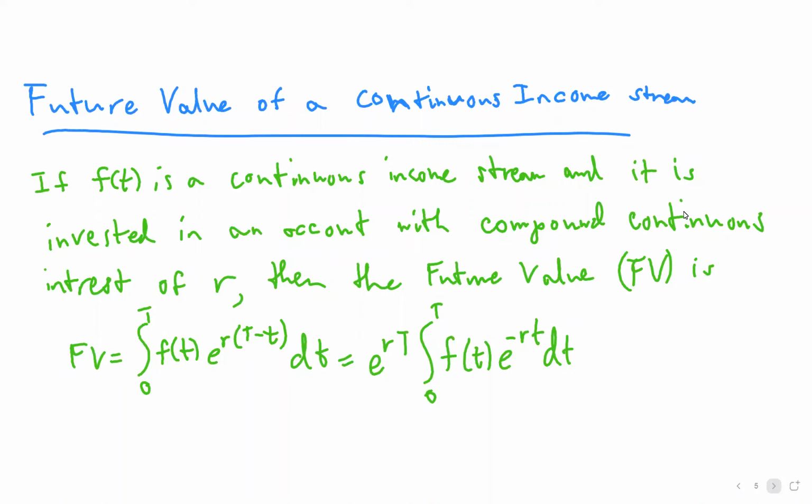And so that's another mouthful, but it is a calculation which is very useful for being able to take a continuous income stream and put it into an investment portfolio and see what the result would be from that calculation. So if you're interested in that, that's what this kind of equation does for you.